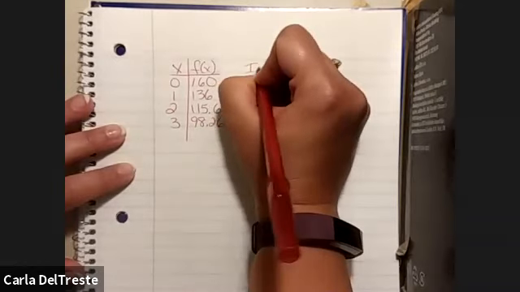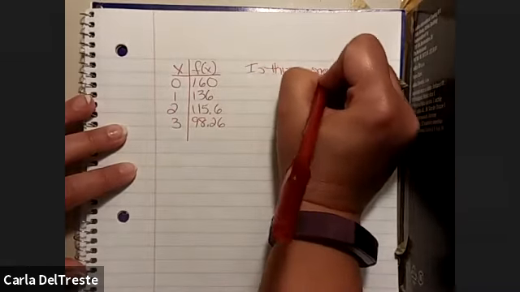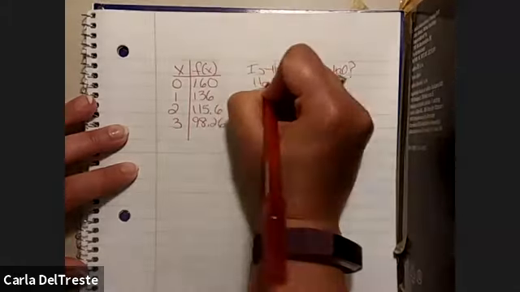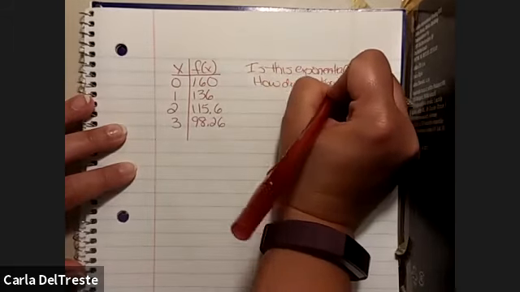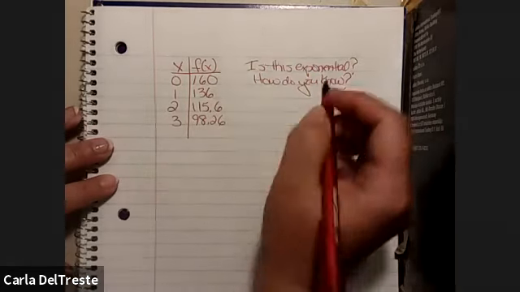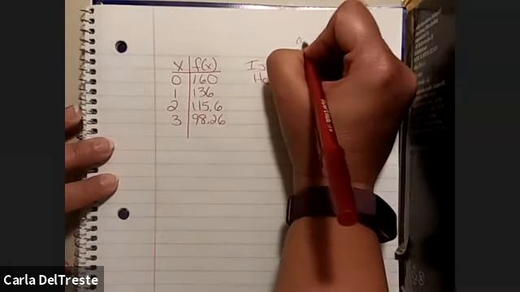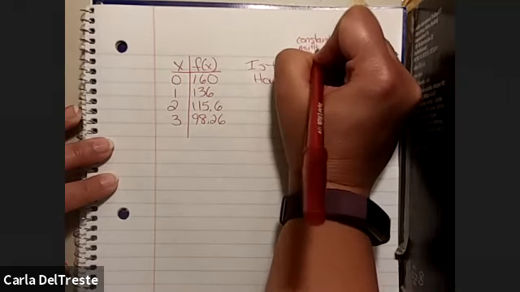And the first question is, is this exponential? And not only that, but how do you know? Well, what does it mean to be exponential? To be exponential, I am looking for a constant multiplier.